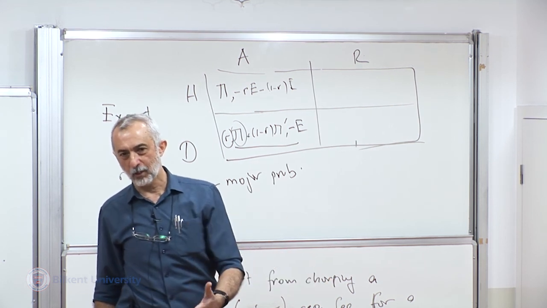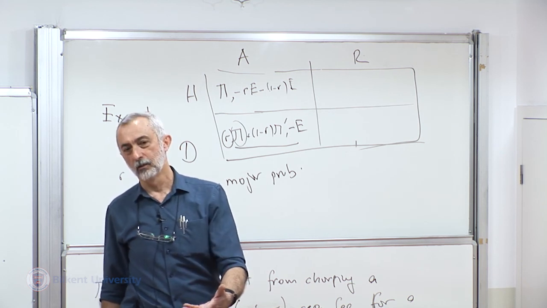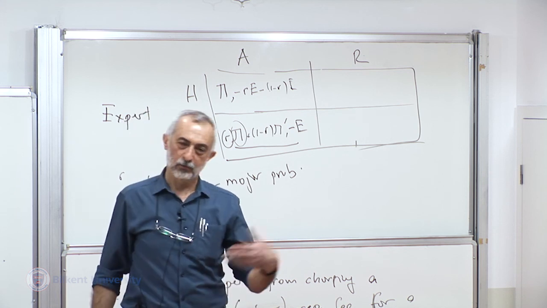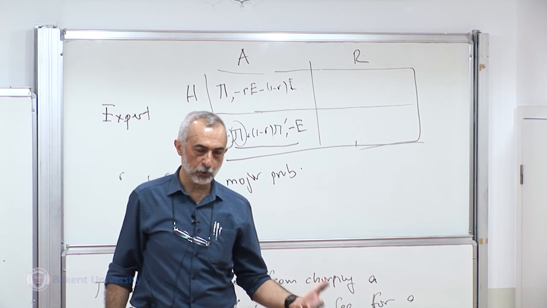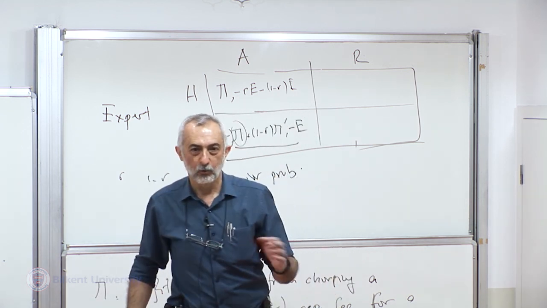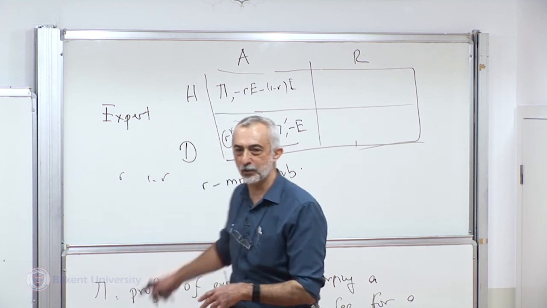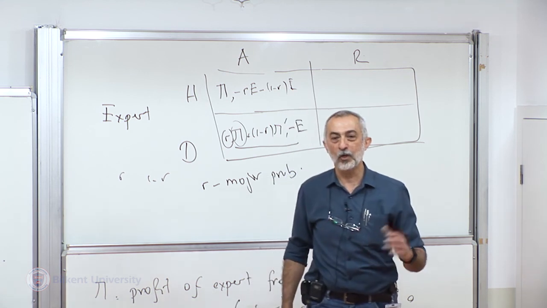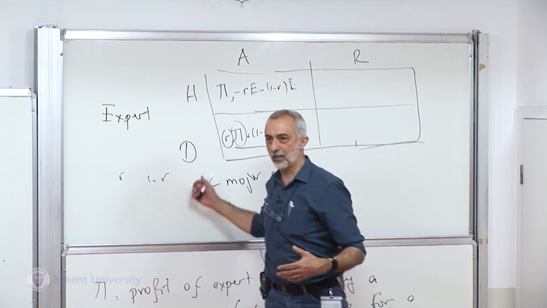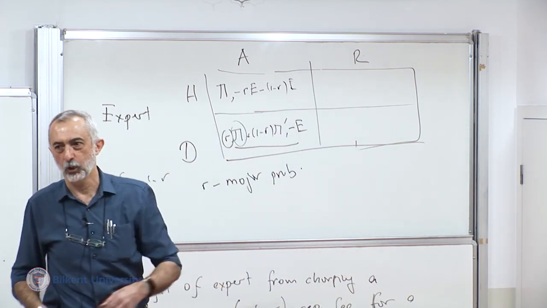But for a minor problem, the expert could tell the truth and charge a minor problem fee, or be dishonest and charge a major problem fee. So the dishonest part is only when the problem is a minor problem. Dishonesty doesn't mean that he always tells the opposite. He tells it in a way to cheat you when he can.